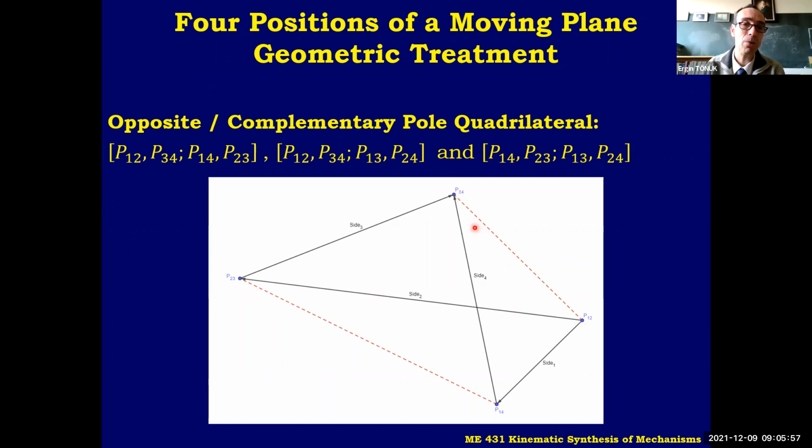These two are a complementary pole pair, okay? So I won't have a side here. And these two are a complementary pole pair, so I don't have a side there. But depending on the positions, it might not be warped as well. In that case, those red dashed lines would be diagonals, okay? So whether it's warped or not doesn't matter. It's not a trouble.